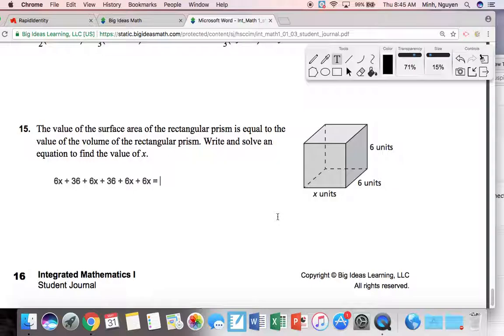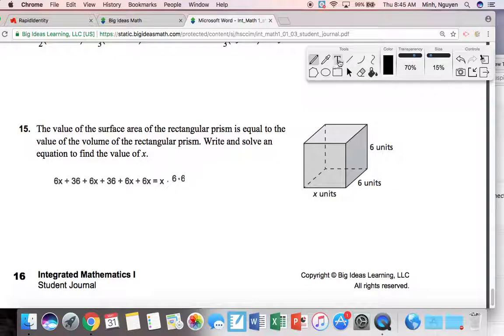Now this is equal to the value of the volume. So the volume is just, you take all three measures and you multiply them together. So x times 6 times 6.